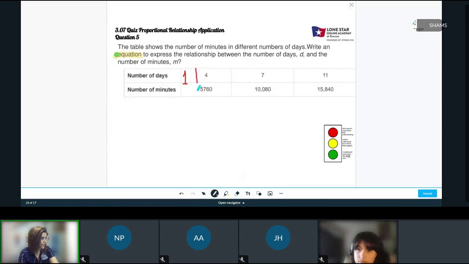Everybody go figure it out. How will you find for one day? Use some information from the table. You can use any of the values, but I try to use smaller values and do less work. So in 4 days, 5,760 minutes. So I can do 5,760 divided by 4. And that tells me for one day.